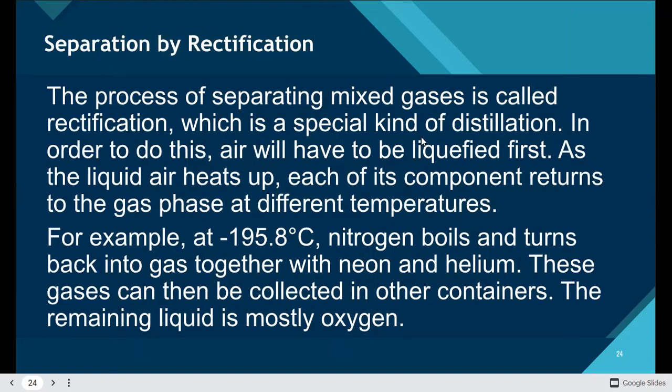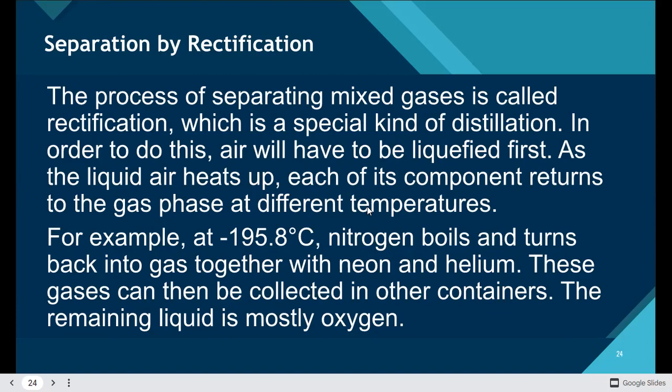In order to do this, air will have to be liquefied first, changing its state into liquid. As liquid air heats up, each of the components returns to the gas phase at different temperatures. Again, we are separating different gases according to their distinct characteristics.